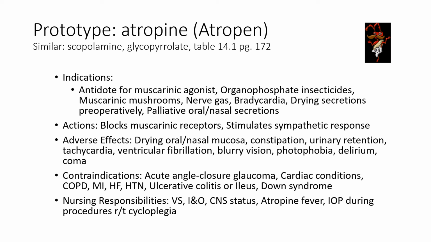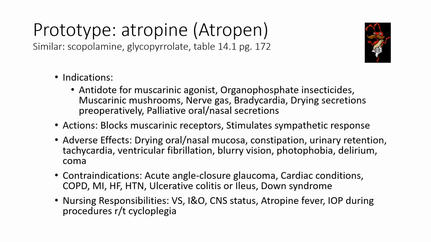Cardiac conditions, you have to be careful with atropine because it speeds up the heart. Okay. COPD. It's not really a huge contraindication in COPD. I'll have to check on that one because we use anticholinergic drugs for COPD.